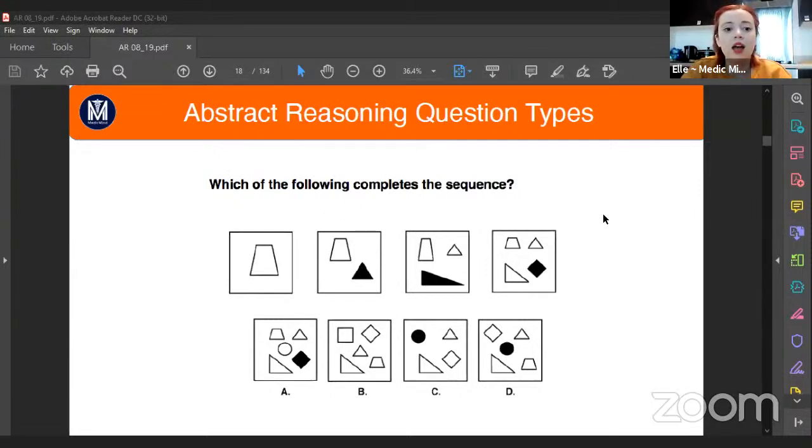You're going through from number 1 to number 4. What is it that's changing throughout? What is staying consistent? And then based on that, from A, B, C, and D, which one would you say is the next in the series? Again, I'll go quiet for around 30 seconds to give you all a chance to think about that.